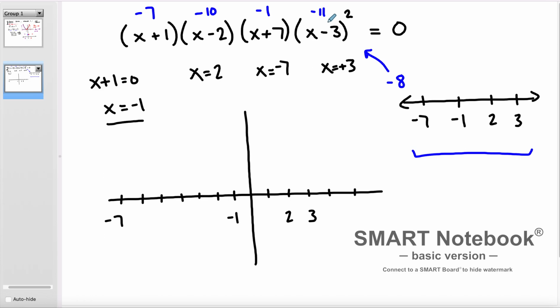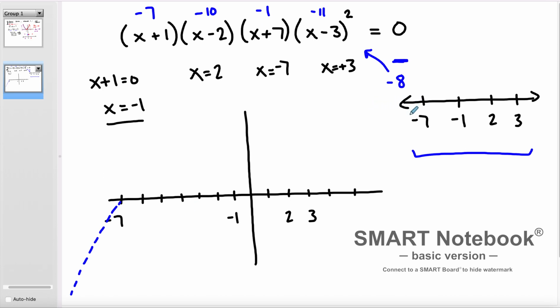And that is going to result in a negative value, right? An even number of negatives will multiply to positive. An odd number of negatives will multiply to negative. So we learn this interval is negative. For any value less than -7, we're going to get a negative result. And so that tells us we start down, right? Our graph starts from below. Okay, that's what it tells us.